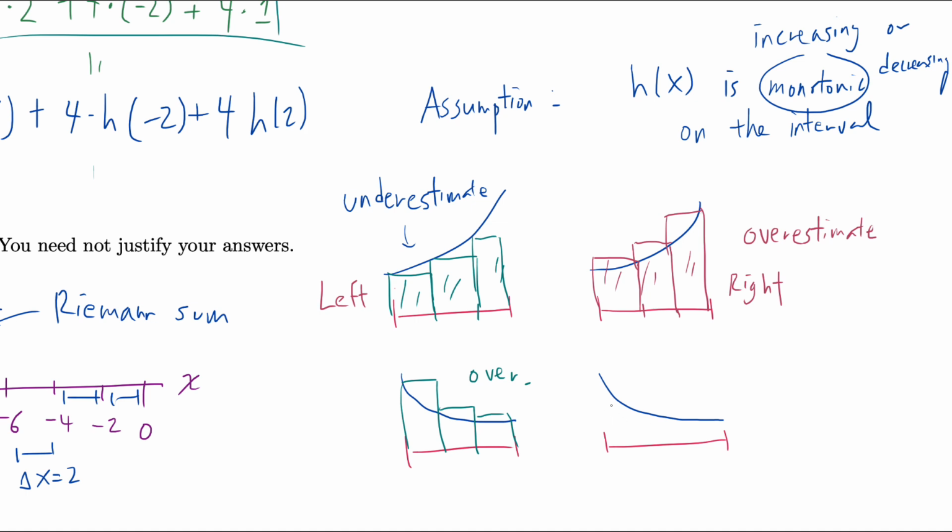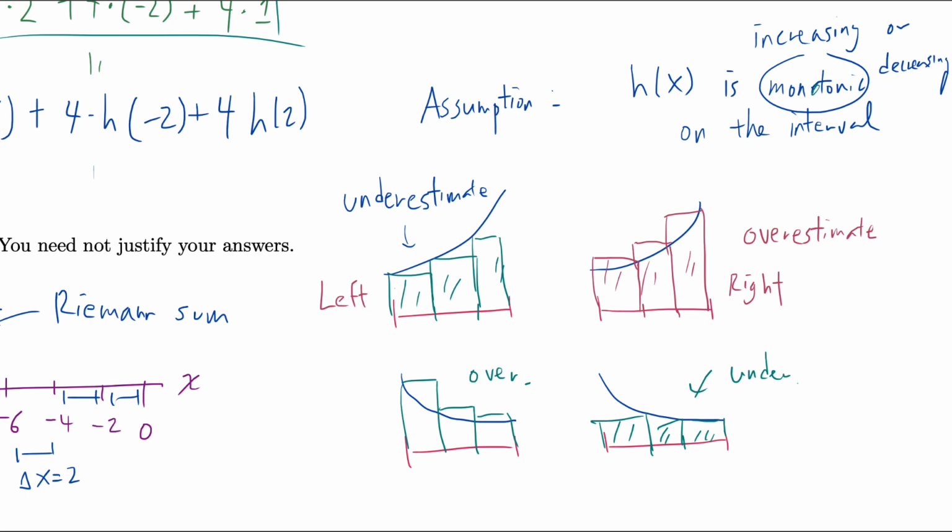Whereas with a right Riemann sum, I get a picture like this, and I get an underestimate. So as long as you know h of x is monotonically increasing or monotonically decreasing, you just draw the picture and see whether you get an underestimate or overestimate.